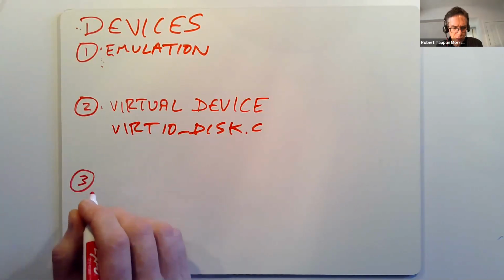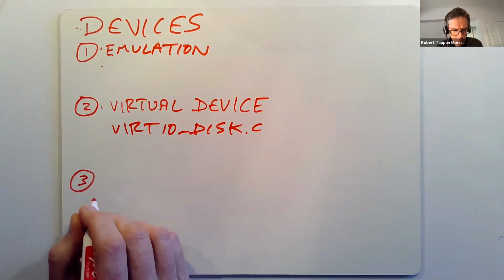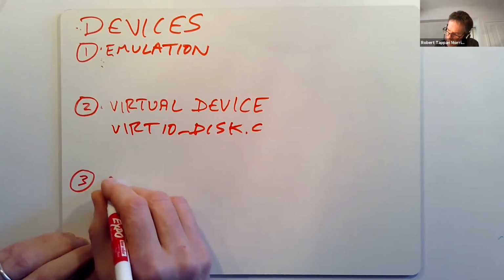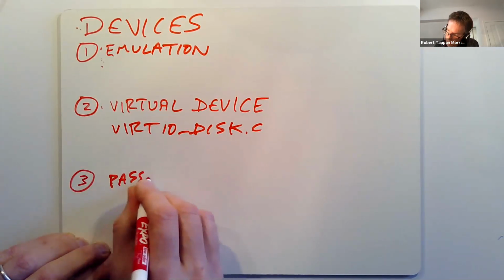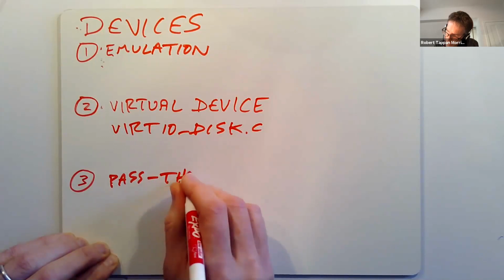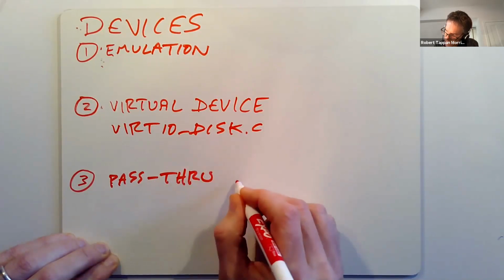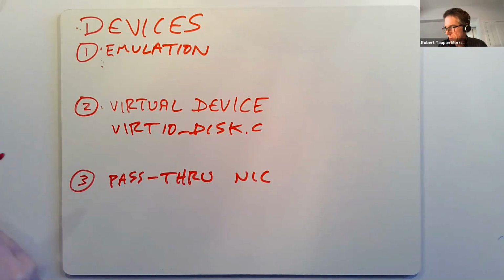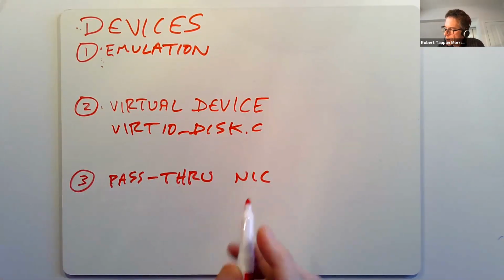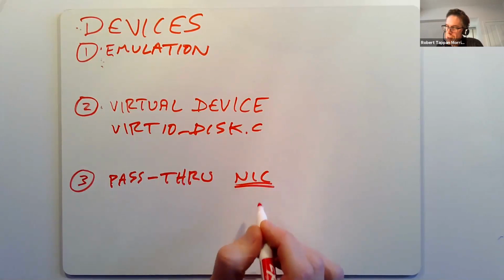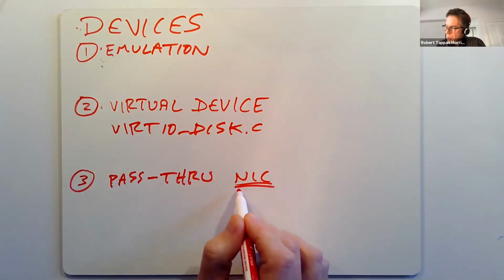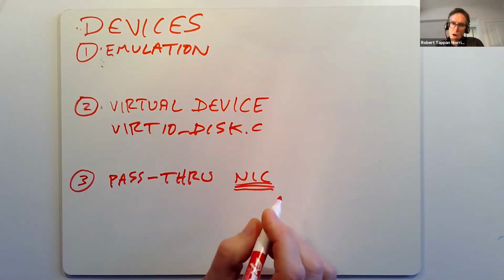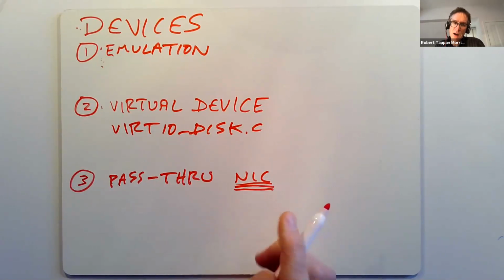A final strategy people use is pass-through of a real device. And the classic situation for this is network interface controllers, that provide access to the network. Modern network devices actually have hardware support for talking to multiple guest operating systems running under a virtual machine monitor.